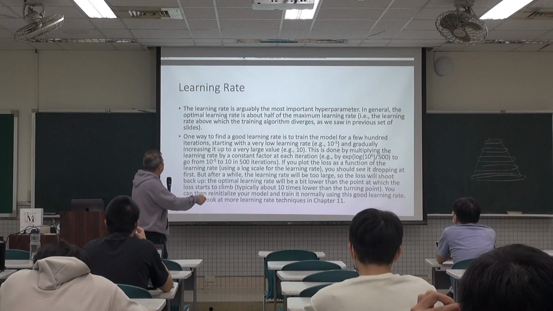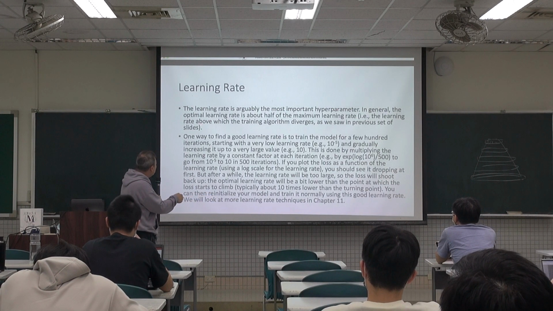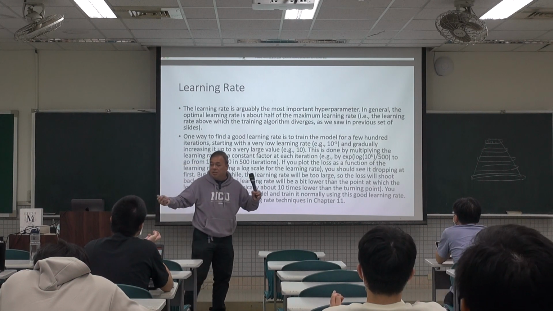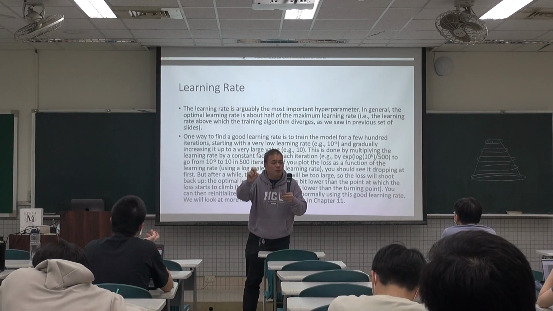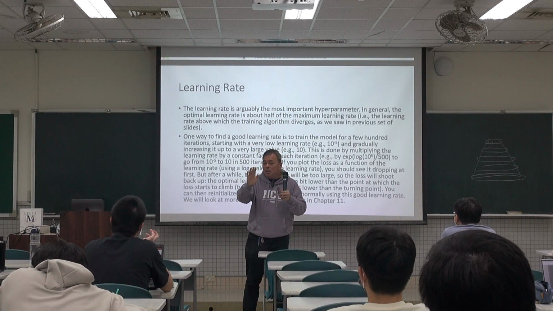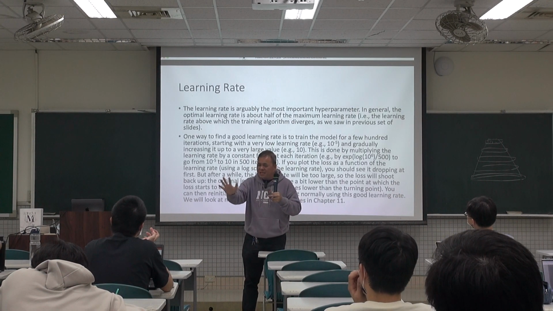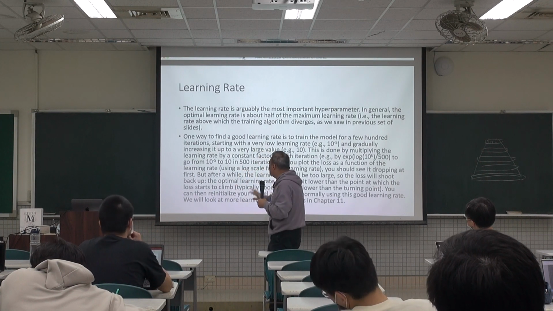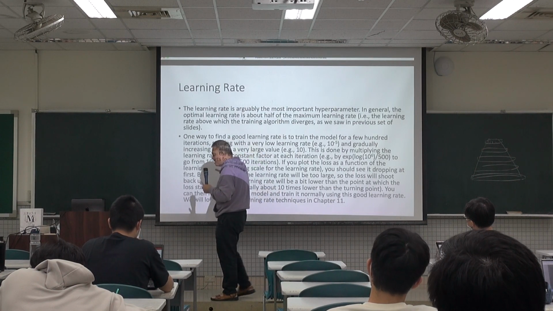The maximal learning rate is the learning rate above which the training algorithm will diverge. So that's the largest one for which the model training will not diverge, and the optimal one is normally half of that. But it still takes time to search, so finding a good learning rate is going to take time.